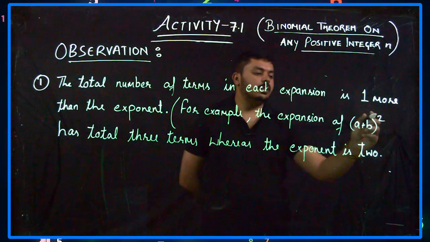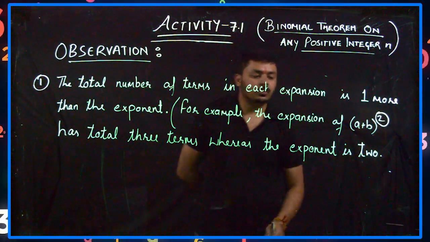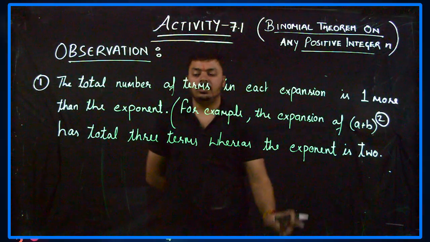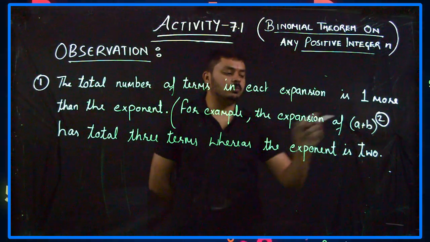So you can see the exponent here is 2. In the given binomial expansion, we get total 3 terms, that is 1 more than the exponent, that is 2.